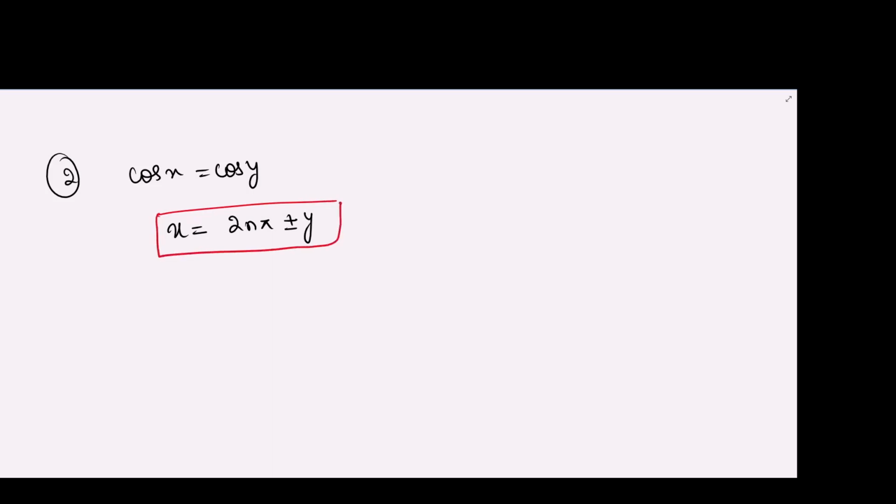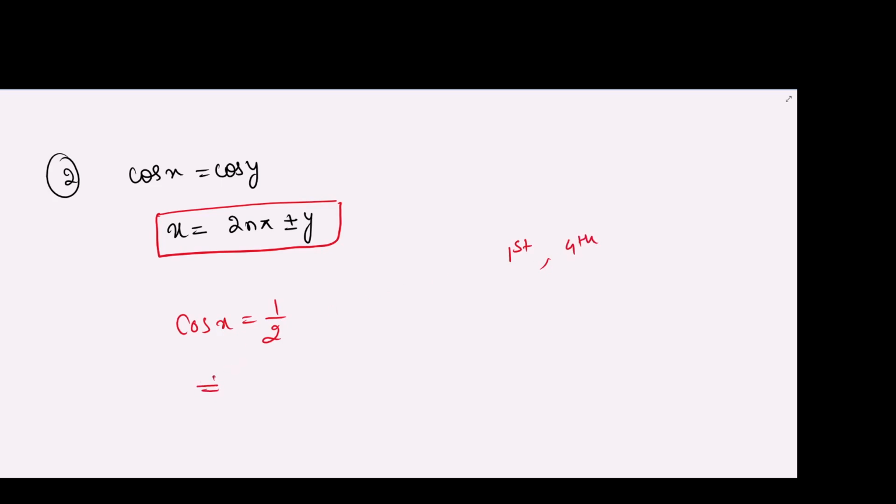Next we have the general solution for cos x equal to cos y. So x is equal to 2n pi plus minus y. So this is a general solution for cos x. So if we have cos x is equal to 1 by 2, cos is positive in first quadrant and fourth quadrant.